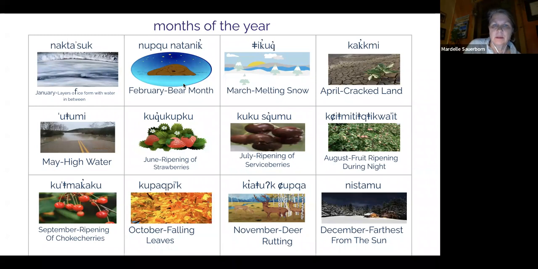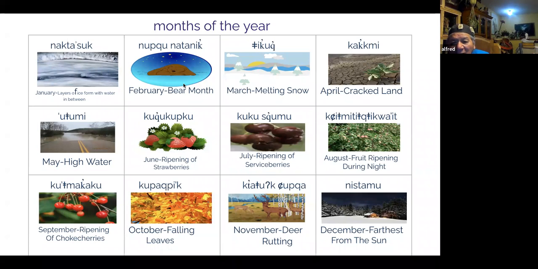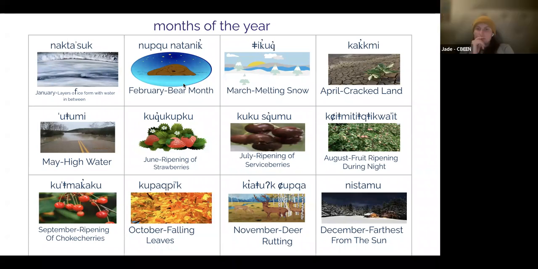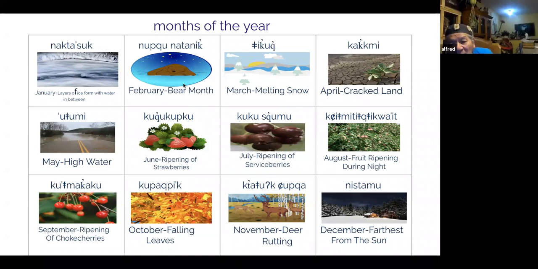And the wa'it, I believe, pertains to light or something very similar to light.